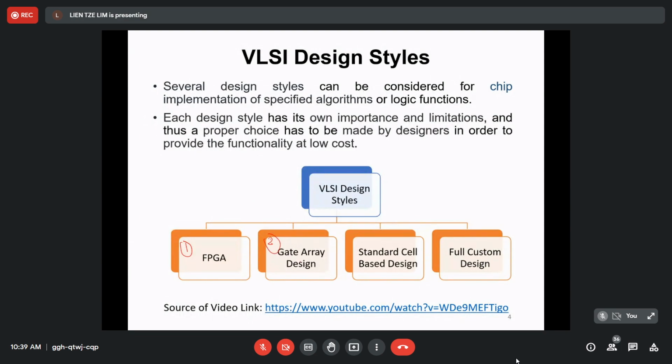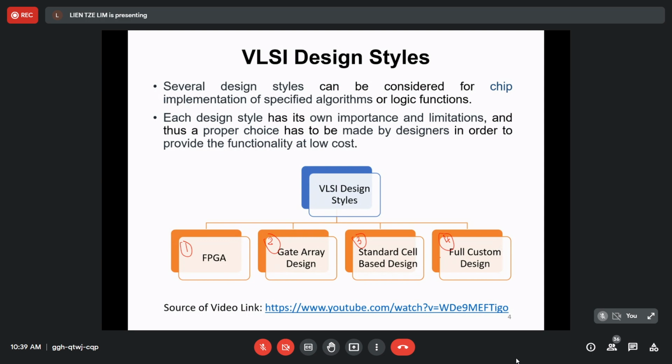This is the second design style discussed last week. The third one is standard cell based design, and another one is full custom design.